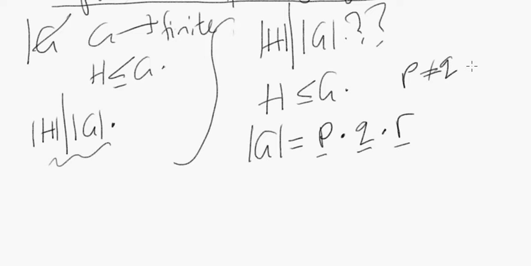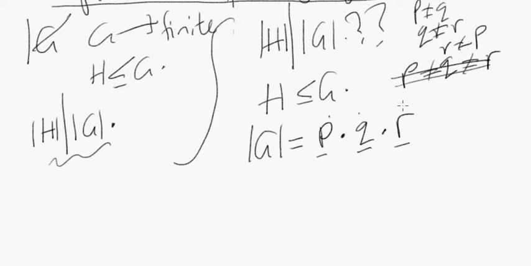P does not equal Q, Q does not equal R, R does not equal P. Maybe this is not the right notation, but the idea is that these are completely distinct.